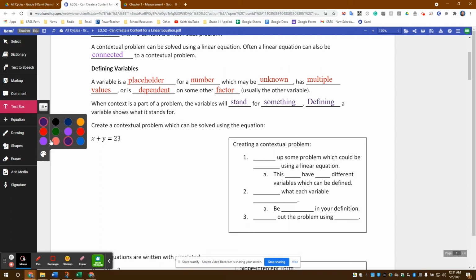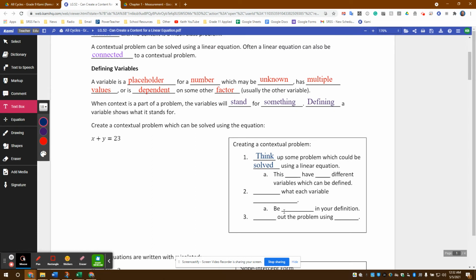So the first thing that we want to do is think up some sort of problem which could be solved using a linear equation.